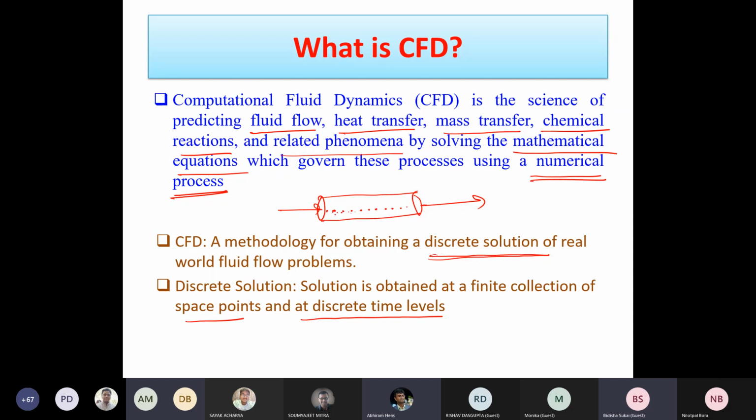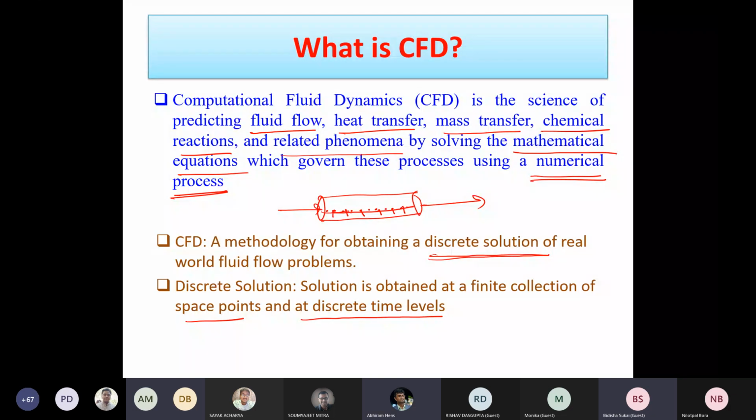Or you can extrapolate or interpolate between these 2 points to get the data from any intermediate points. So we are not going to get any continuous profile. We will get instead values at discrete points. Okay, and if these points are very close to each other, it appears to us as a continuous point. So we will show some results at the end, so that you can understand this concept in a better way.